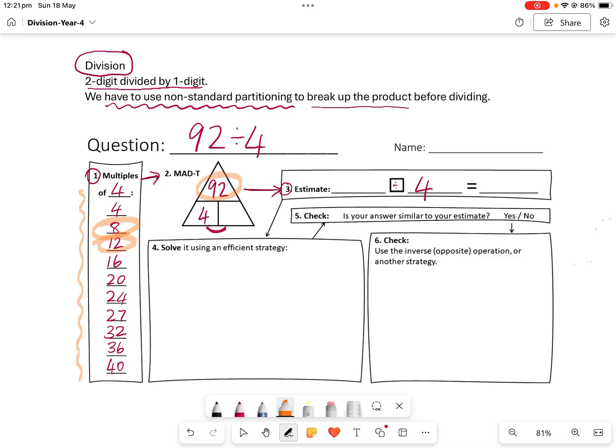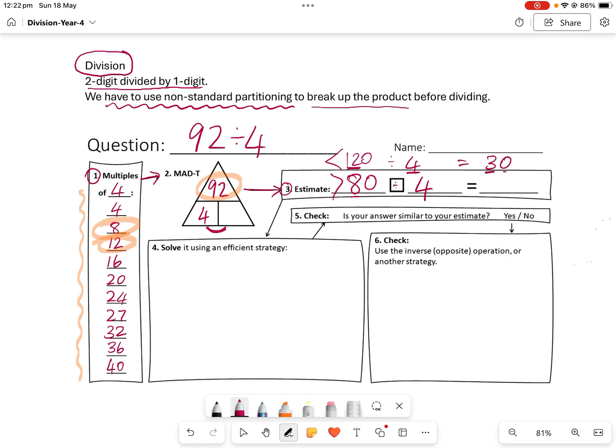So my estimate is going to be greater than 80 divided by 4, or less than 120 divided by 4, using my extended facts. If I did 120 divided by 4, 4 3s are 12, so that would be 30.